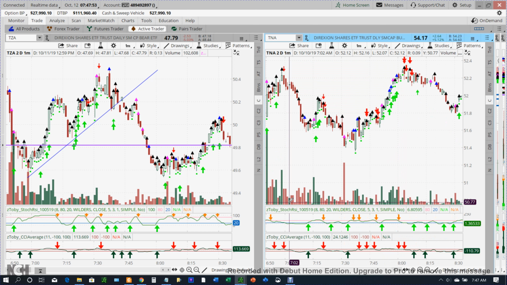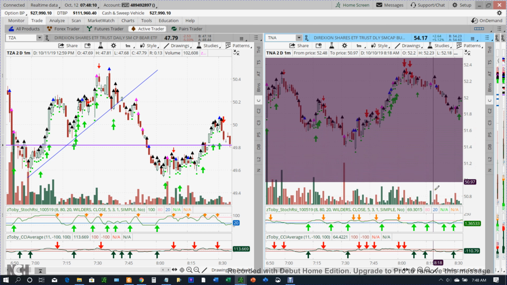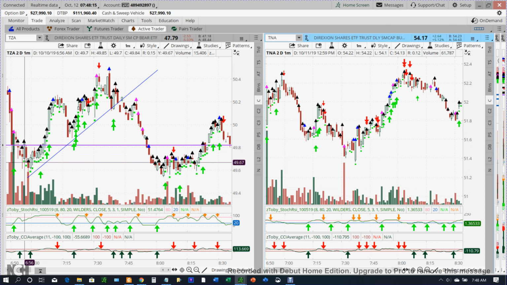Something like that. Okay. So again, the stock on the left is an ETF, TCA, and the stock on the right is TNA, which is its inverse, and they should be like opposites, right? Because they're inverses, and in fact the prices are the opposite. On the left, the price goes up and then down.